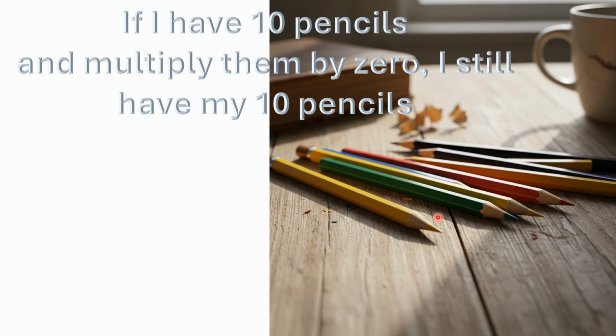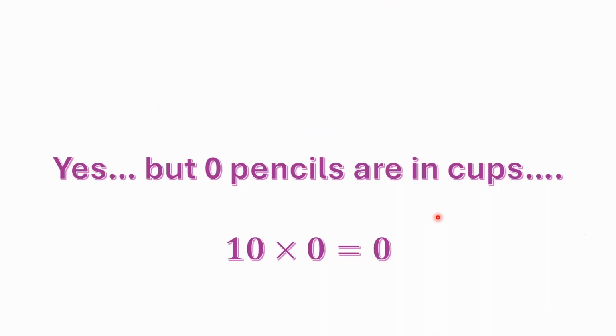But I put them in 0 cups. How many pencils did I place in cups? Yeah, you have your 10 pencils, but that's not what multiplication means. Multiplication is about groups. 0 pencils are in cups. So it's 10 pencils per cup times 0 cups gives you 0 pencils that are placed in cups. That is how it works.